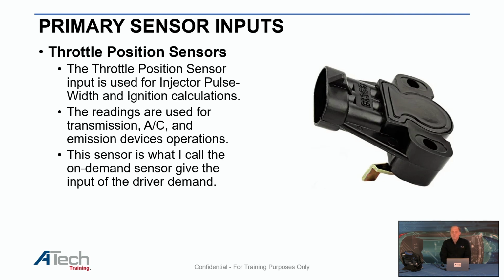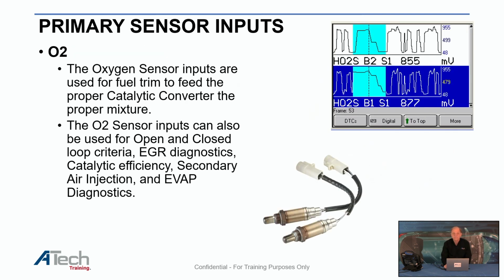If I go wide open throttle, the throttle position sensor will turn the AC off. Some emission control devices will not work at idle, but they will work off idle, like your purge solenoid on some vehicles. I call it the on-demand sensor, because you put your foot into the floor, you put the demand on the vehicle, or you change the torque requirements for that vehicle. So you're looking at some really good information to use.